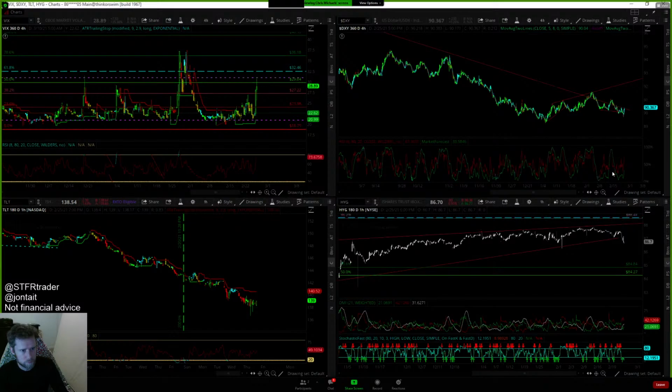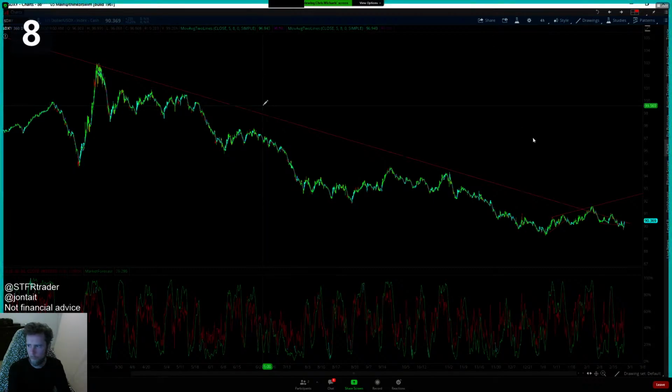I don't know if you see it, but this is one of the reasons why I went long TLT. The range is getting tighter. It's still in a dropping channel, a channel that goes down. That is the overall trend.